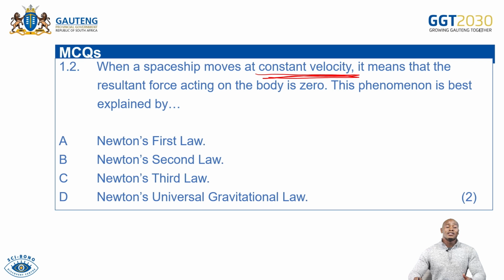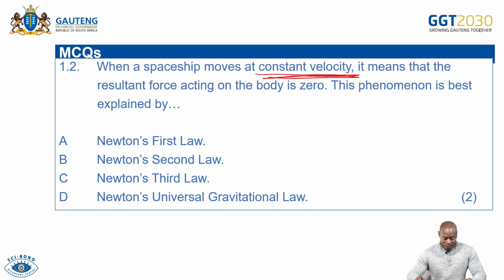So what is important here, you have to state each law in words. All right. So your Newton's first law, your Newton's second law, your Newton's third law, and also your Newton's law of universal gravitation. Right. So Newton's first law, I believe by now you know how to state Newton's first law in words.